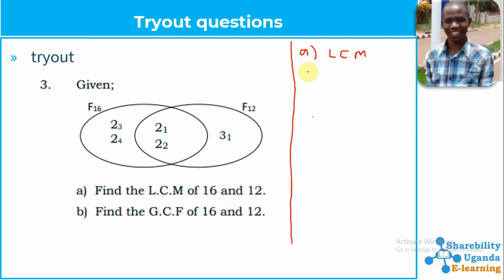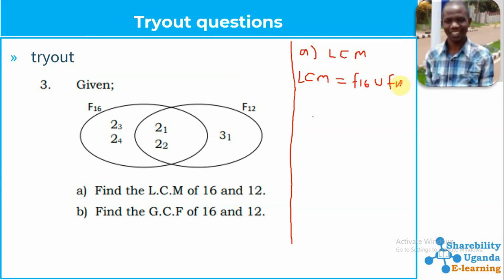To get the LCM using the Venn diagram, our LCM is going to be equal to the prime factors of 16 union the prime factors of 12.